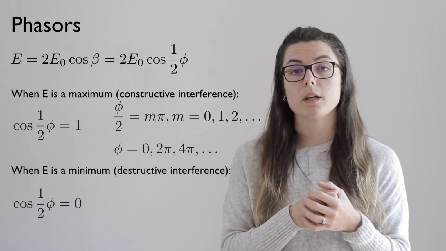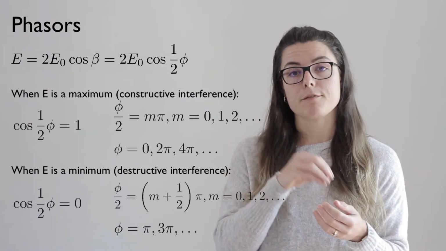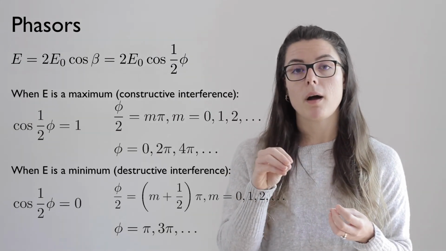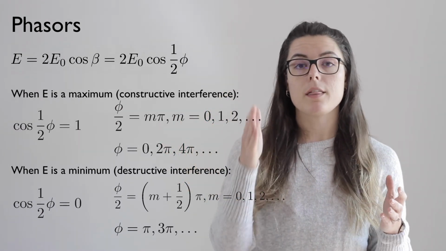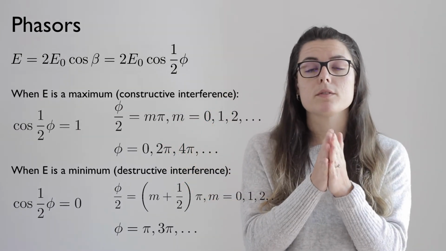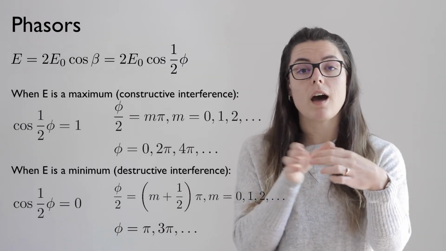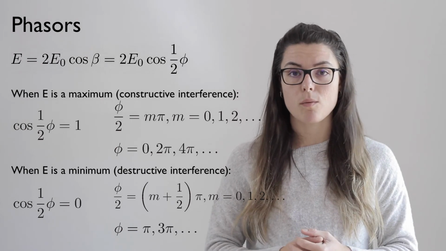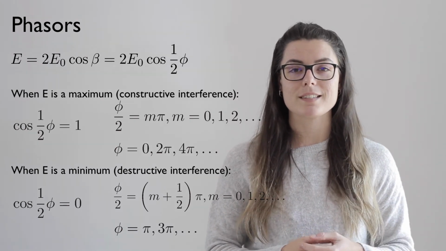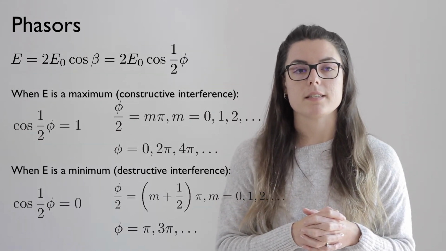And this is going to occur when we have phase differences phi of pi, 3 pi, 5 pi, etc. This is all multiples of half wavelength. So remember, when we have a half wavelength shift, we get destructive interference. And this all makes sense with what we know from previously.